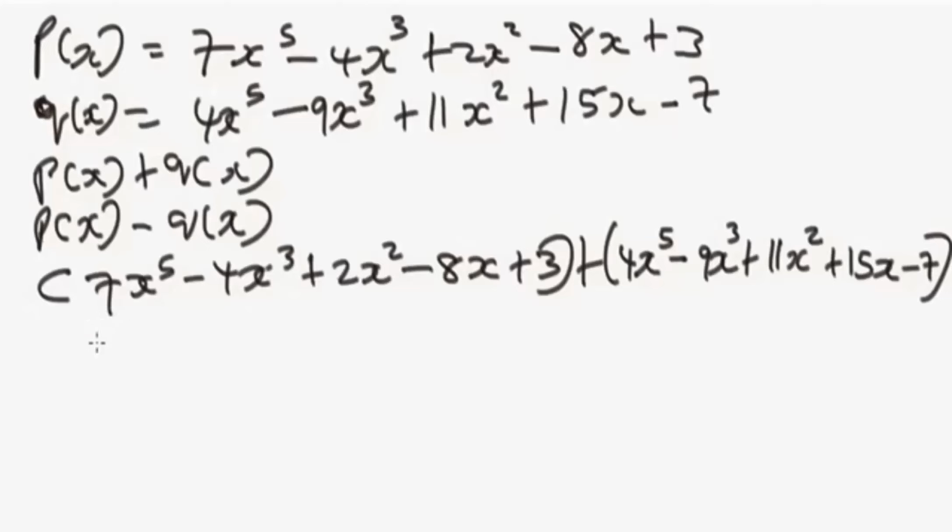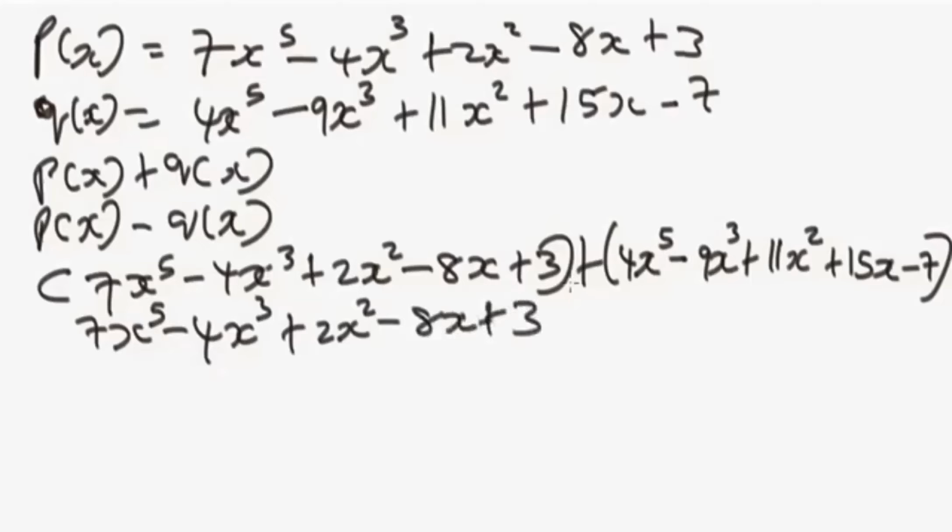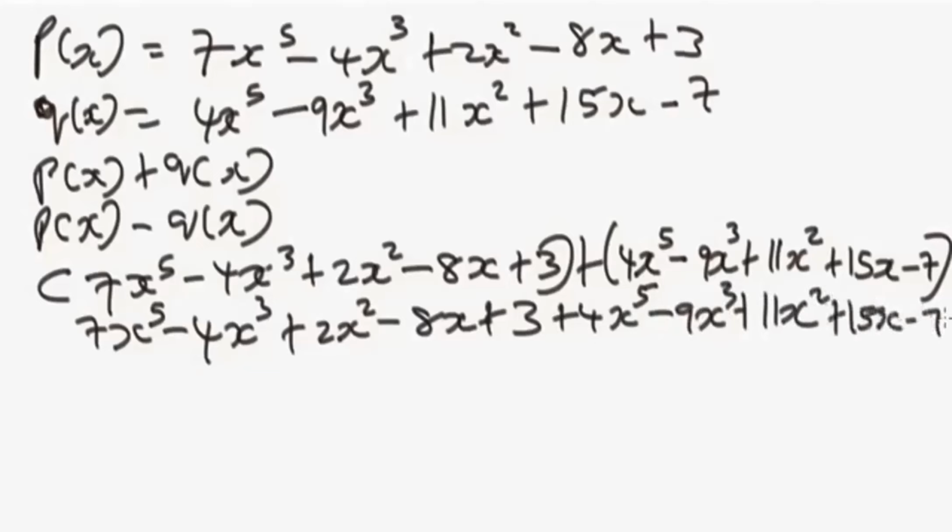So you have 7x to the power 5 minus 4x cubed plus 2x square minus 8x plus 3. Plus times everything in the bracket with the signs as they are, so we're going to have plus 4x to the power 5 minus 9x cubed plus 11x square plus 15x minus 7.